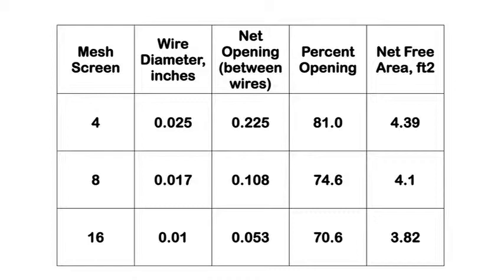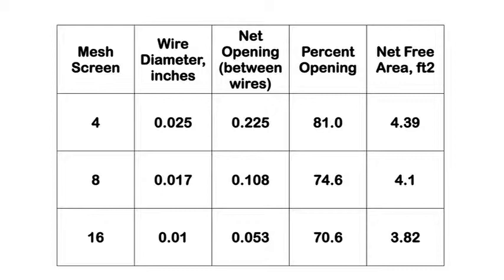I have a business card here you can pick up, and I can send you this little spreadsheet. But you'll notice, 4 mesh means 4 wires per inch. So 4 is the same as 1/4 inch mesh. 8 is the same as 1/8 of an inch, and 16 is the same as 1/16 of an inch. You notice that the wire diameter gets tinier.